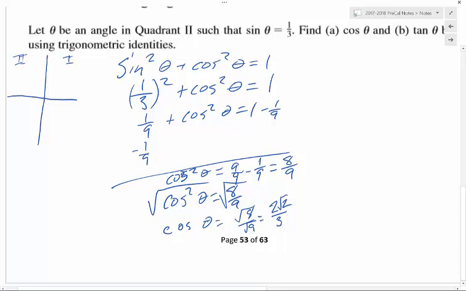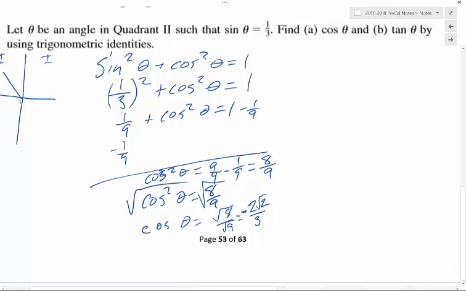So I've got an angle over here such that the sine of the angle is 1 over 3, and the cosine is 2 times the square root of 2 over 3. What will become particularly important is, because of the placement of the angle, I have to mark this as negative because the cosine corresponds to the x value.